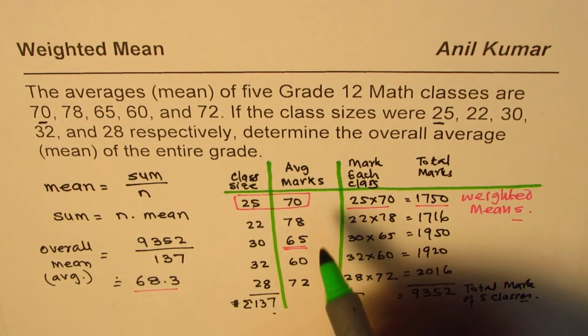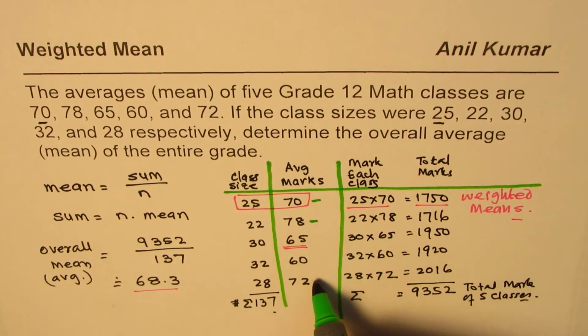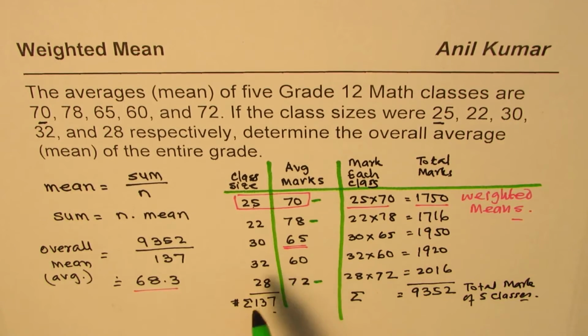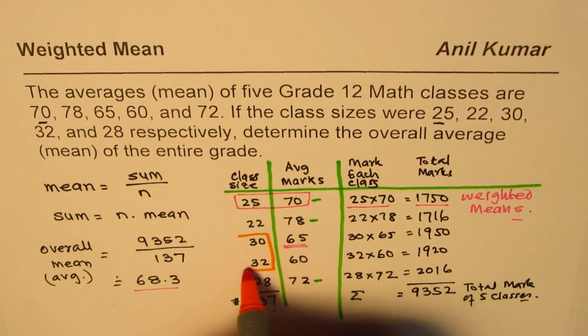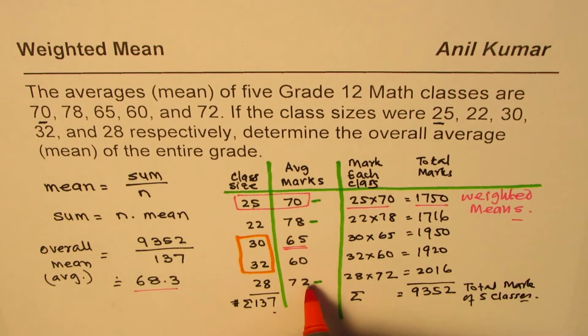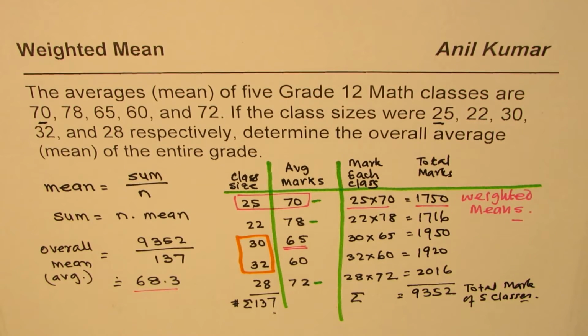You have seen that there are 3 classes who scored more than 70% marks, but because the size of the classes which scored lower marks was higher, the average fell below 70. Do you see that? So the weighted mean gets its name because the mean shifts towards more weight, more numbers.